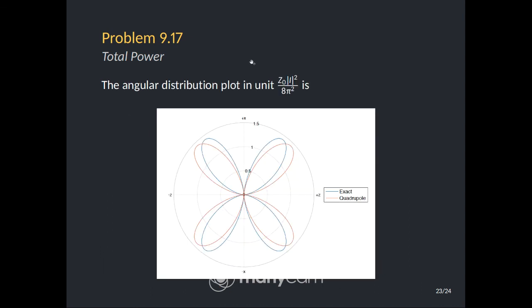And we plot the angular distribution again in the unit of Z0 times I squared divided by a pi squared. And we can see, without any normalization, the exact one and the quadrupole one are almost the same, with just a little difference in some directions.